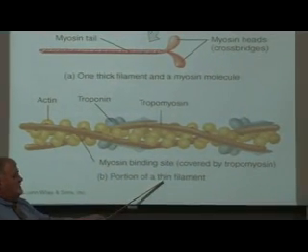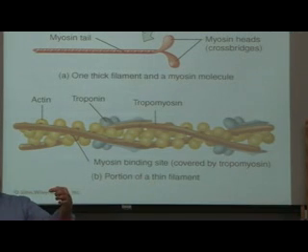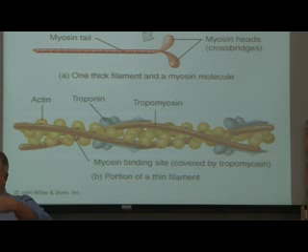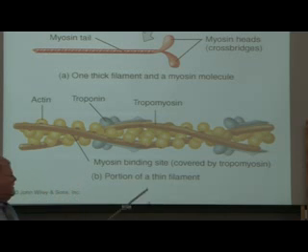These thin filaments were actually 3 long strands of actin winding around each other, like 3 pearl necklaces. They were called actin because we eventually figured out that they were the protein that was going to move or glide to create a muscle contraction. So they're the active protein, hence the name actin.